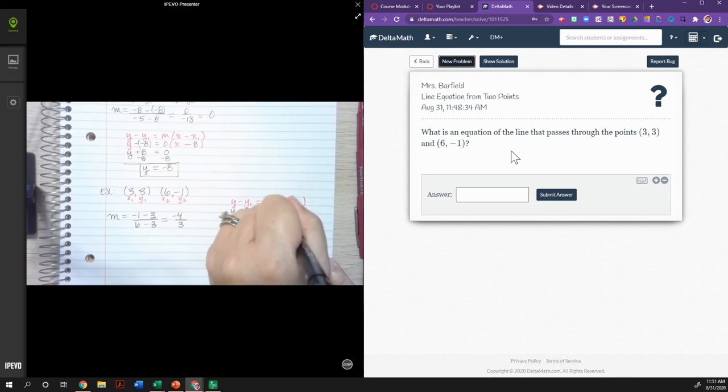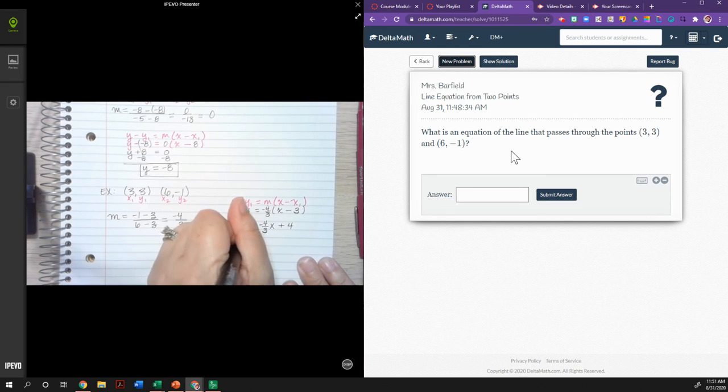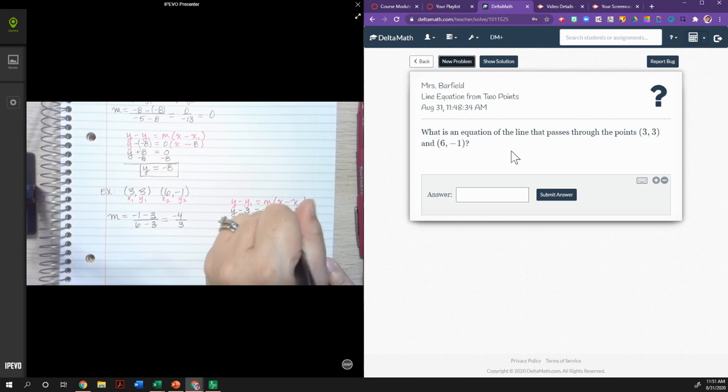So plus 4. Okay, and that's correct because a negative times a negative is a positive. You have a 3 in the numerator and a 3 in the denominator, so they cancel, and that leaves you 4. All right, now I got to get y by itself, so I'm going to add 3. So I get y equals negative 4/3 x plus 7.